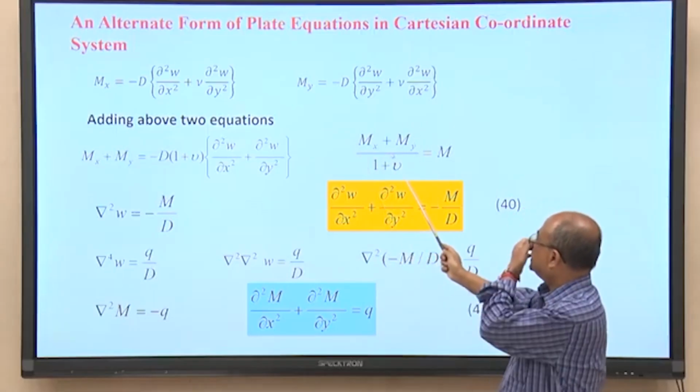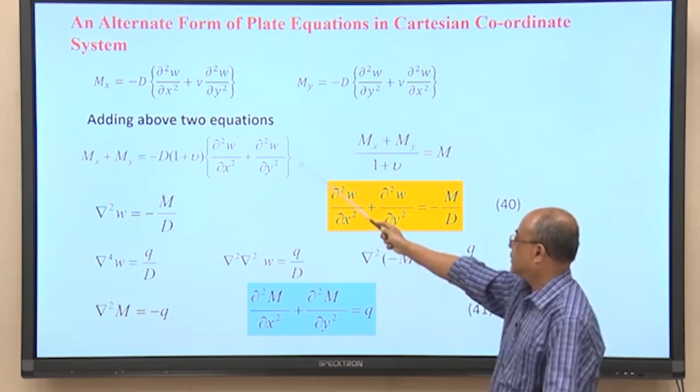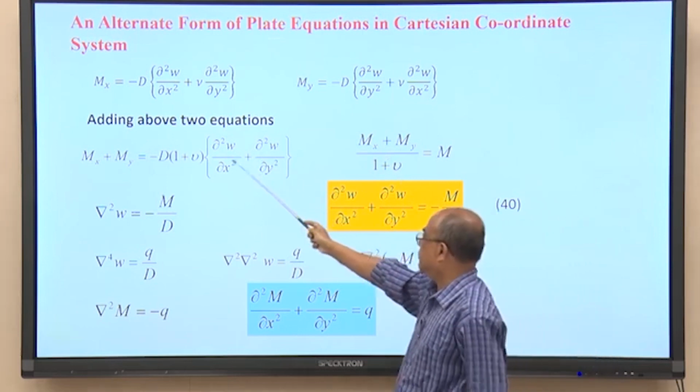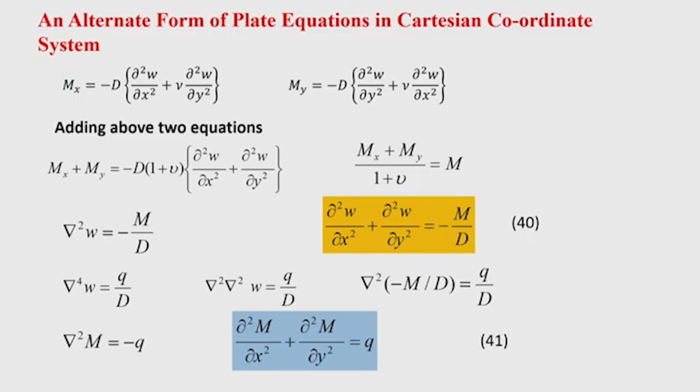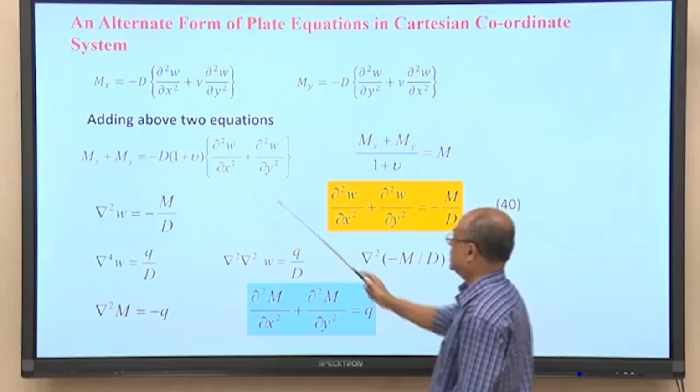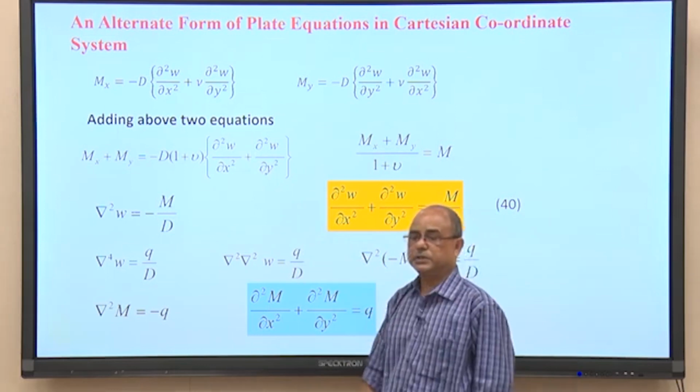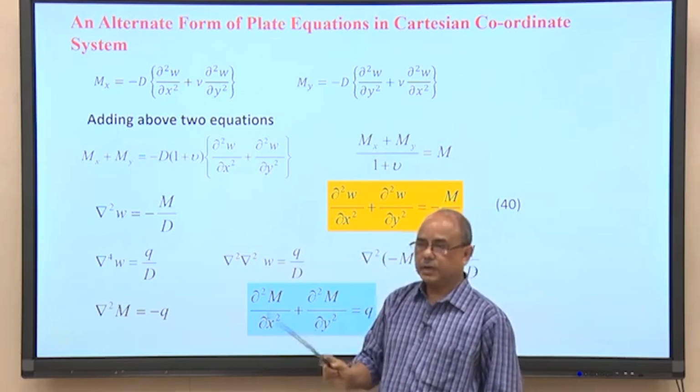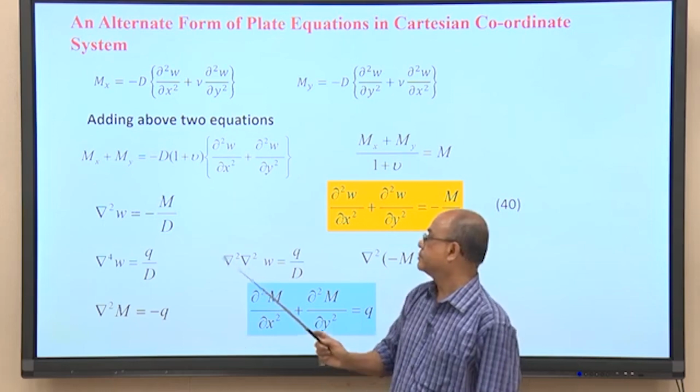You can see this equation can be written with the Laplacian operator. Laplacian operator is del square, which is del square by del x square plus del square by del y square.